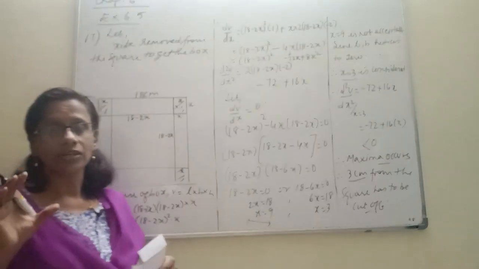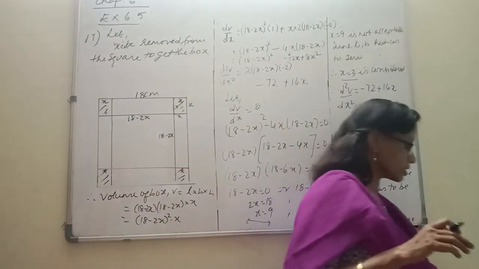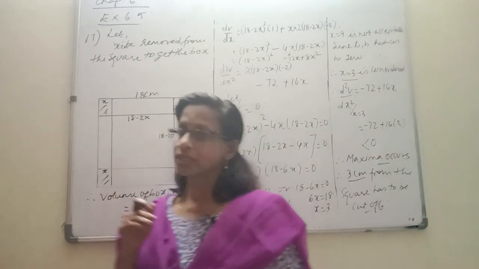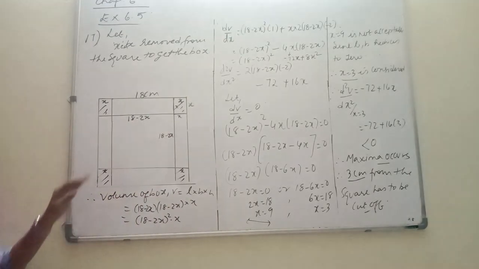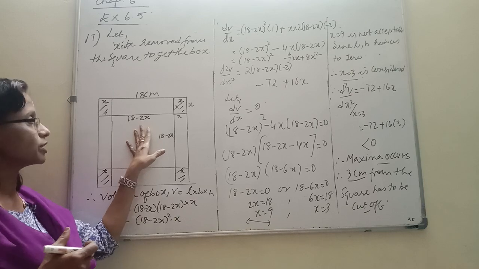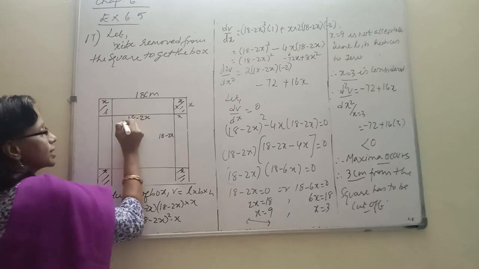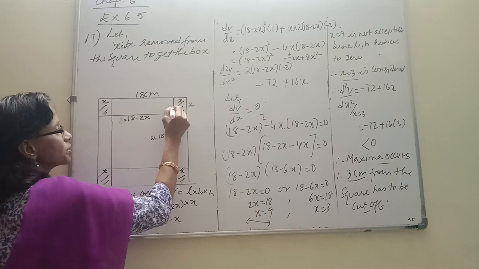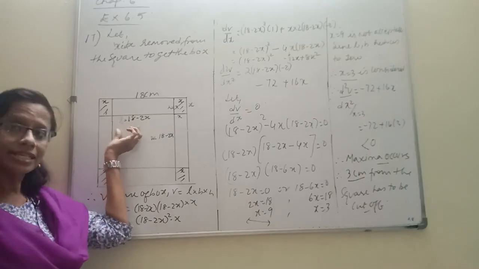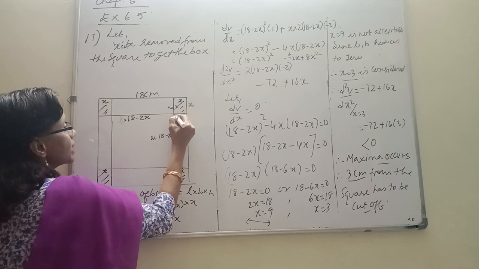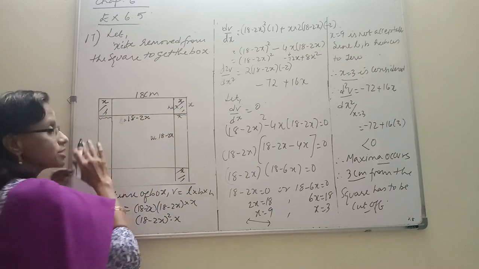Why are we concentrating on length, breadth and height? Because they have asked us the volume. So that's how we reduce ourselves to this particular figure, where this can be called the length and this can be called the width, and your height is obviously going to be x, which you are folding. Why is the length 18 minus 2x? Because this entire length is 18, and x from here and x from here is removed.